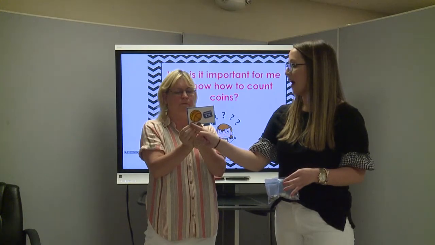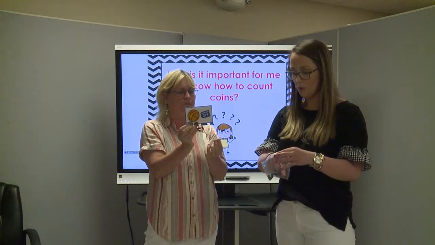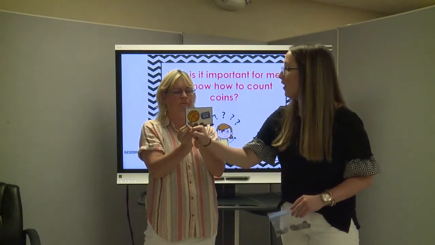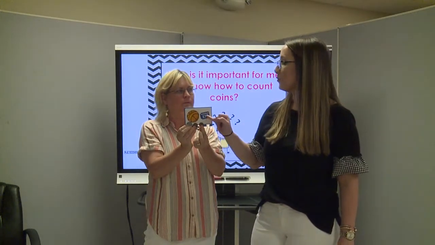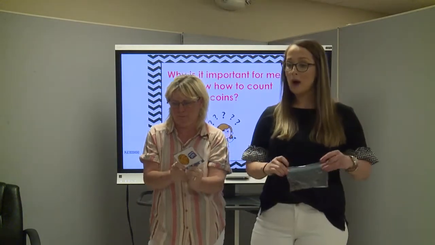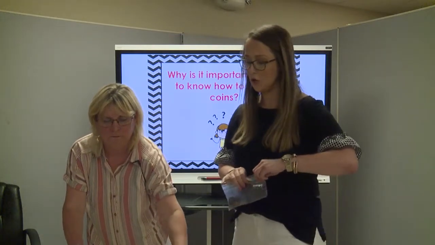So 25, 26, and one more is 27. 1 quarter and 2 pennies is the same thing as 27 cents, which will pay for your basketball at the store. And boys and girls, that's why it's very important for you to know how to count your money and how to count your coins.